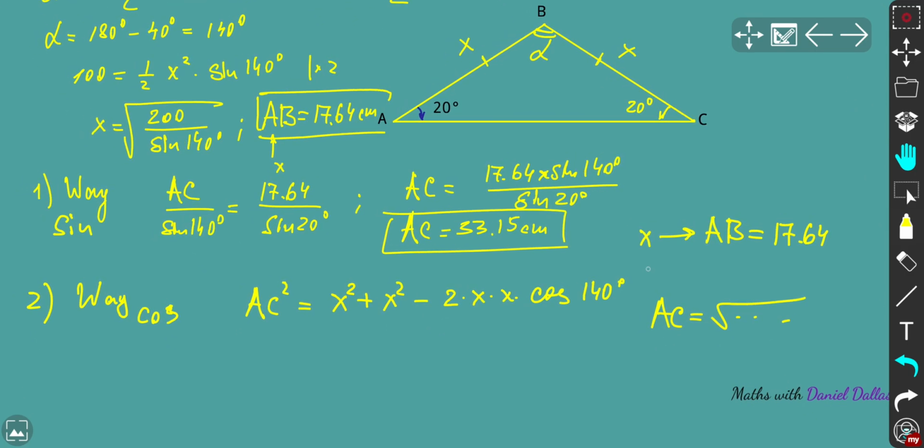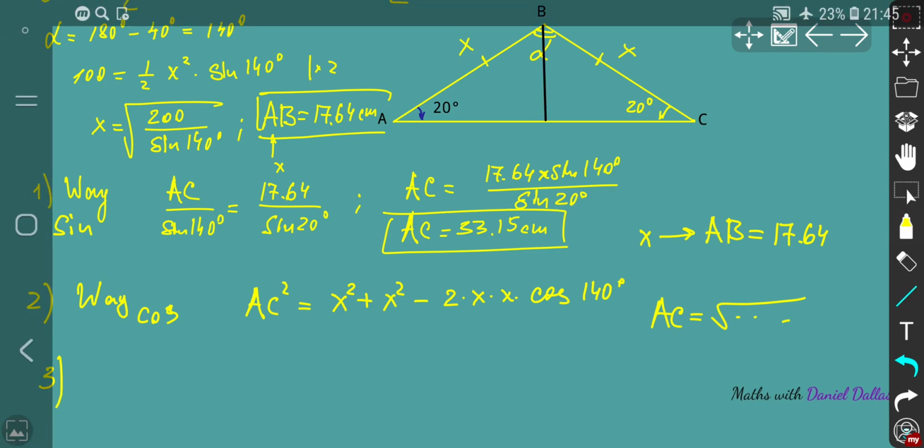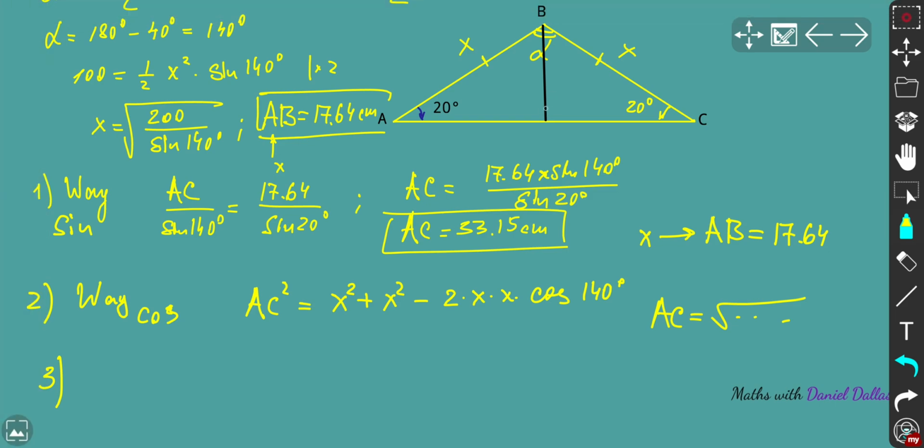Okay, and way 3, I want to show you here. What we can do is put the height down, and because it's a height, it will form a 90 degree angle. We don't care about the length of this height, but we care that we will form a right angle triangle. So triangle ABD is right angled.